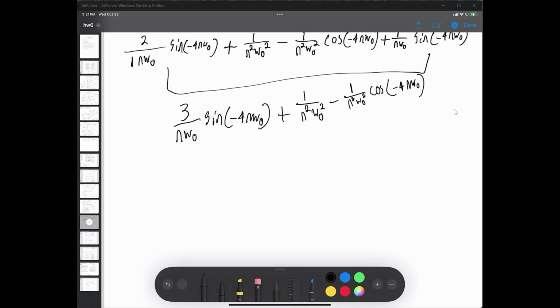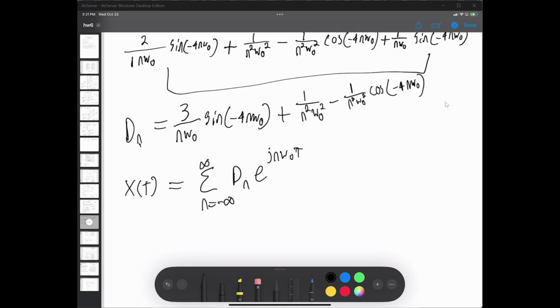So this would be equal to our d sub n. And if we plug that back into our equation, right? X of t is equal to the summation of d sub n e to the j n omega naught t.